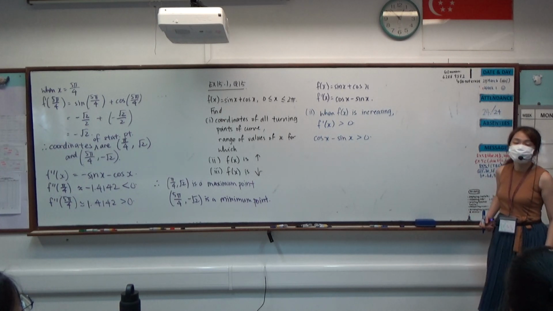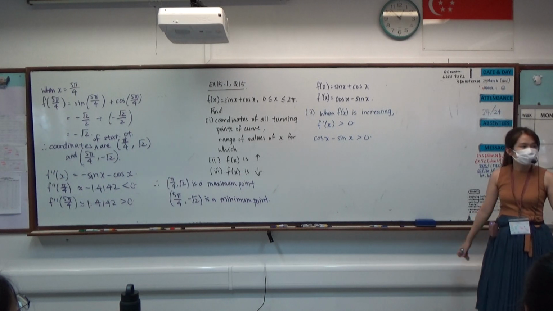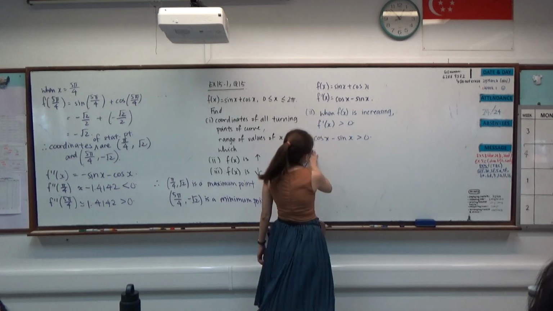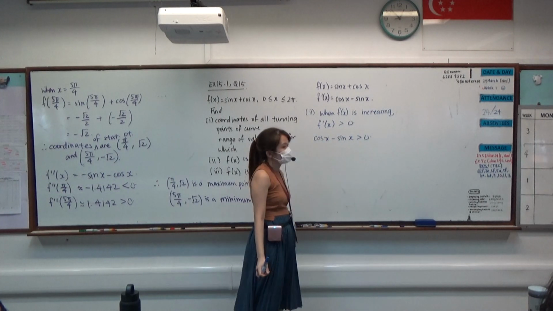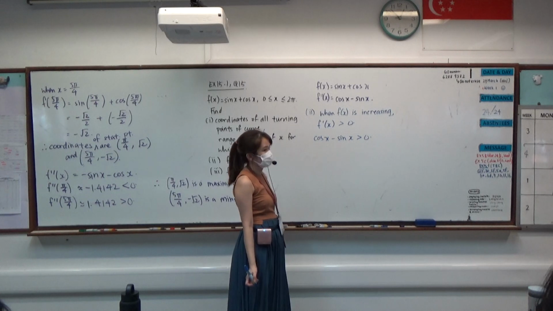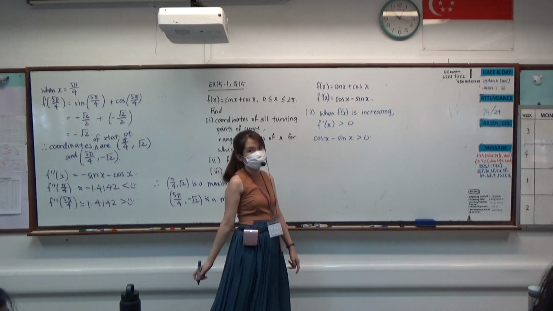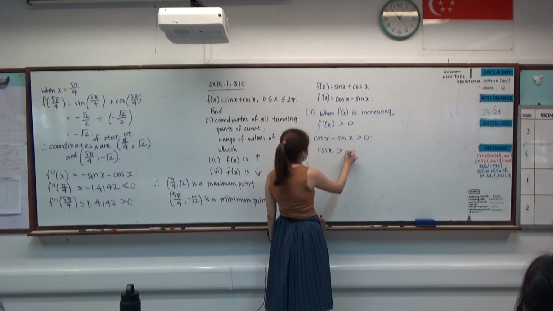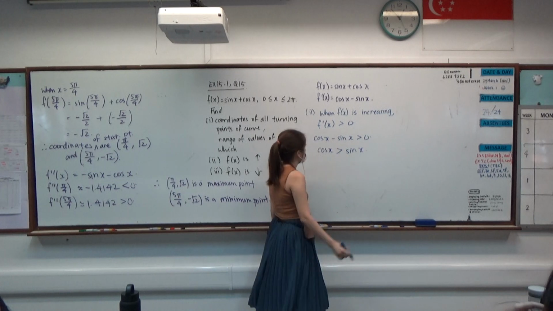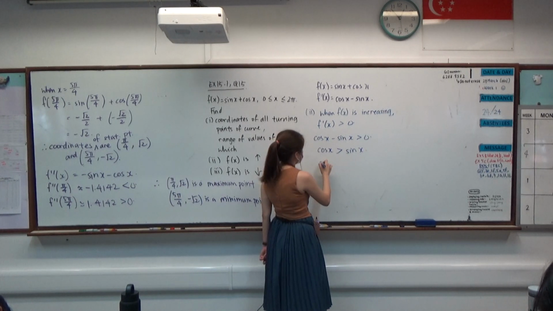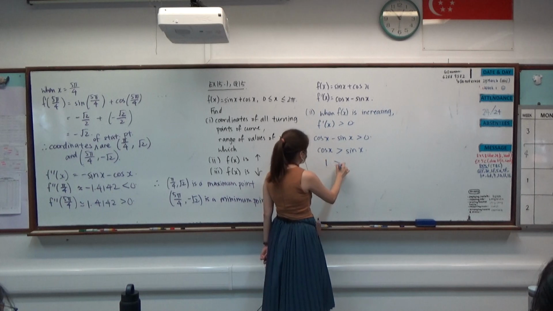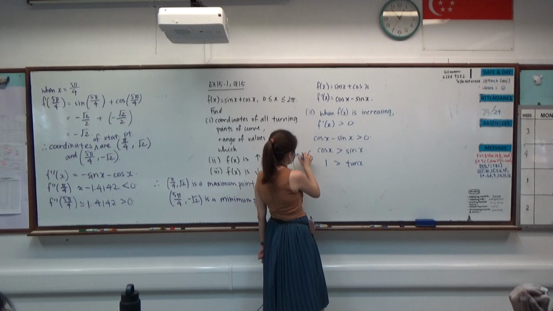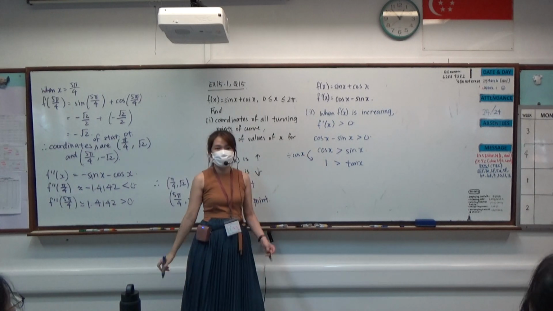Any recommendations? Move sine x over. Divide by what? Put sine the other side, like that. Then divide by cosine x. So tangent x is less than 1.